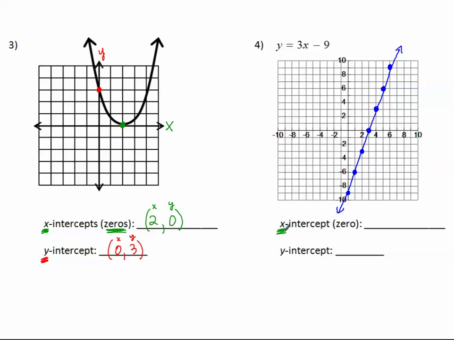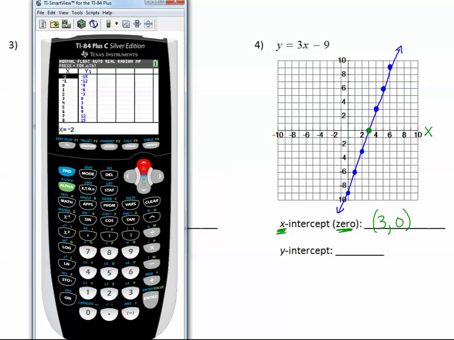Now I can find the x-intercepts or the zeros from this picture. See the x-axis? Where does it cross? Right here at 3, 0. I can also use my table. Remember that the x-intercept is where the y is 0, so 3 goes with 0. 3, 0 is my x-intercept.